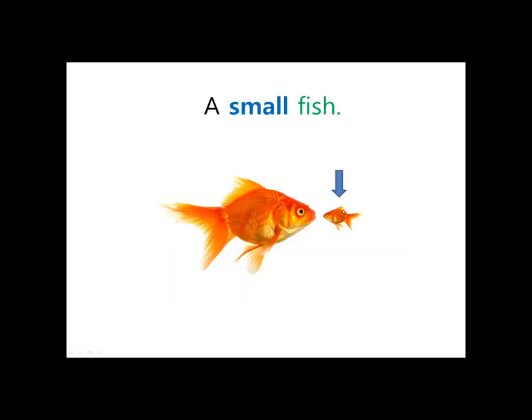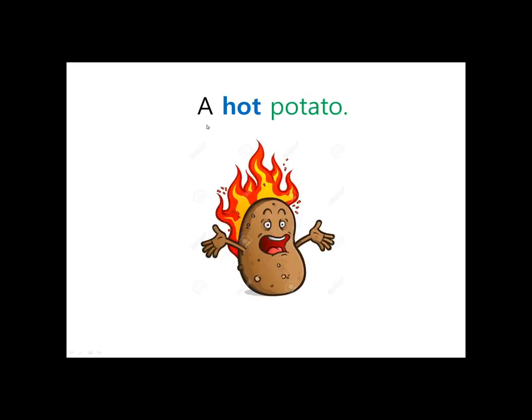Okay, let's do the next one, a bit easier, together. Okay, so this is a fish. This is a small fish. Small fish. So fish is the noun and small is the adjective describing the fish. A hot potato. So potato is the thing we are describing.